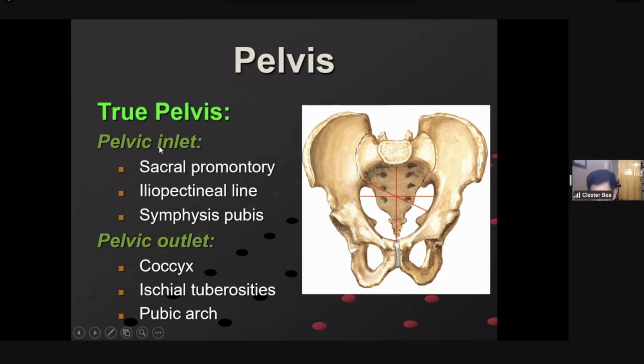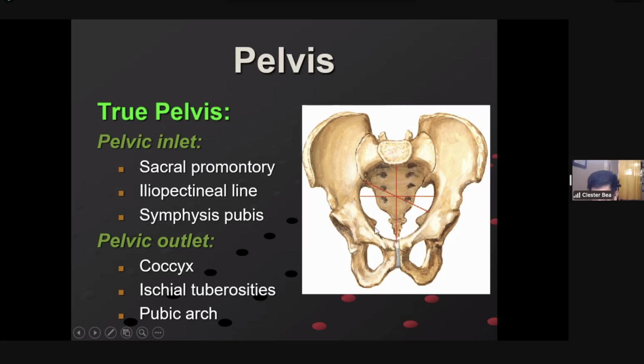Now, since the pelvic inlet or the pelvic rim is an important demarcating structure, we have to describe what the pelvic inlet is. It is this portion here, formed by the sacral promontory, the iliopectineal line, and the symphysis pubis in the middle.